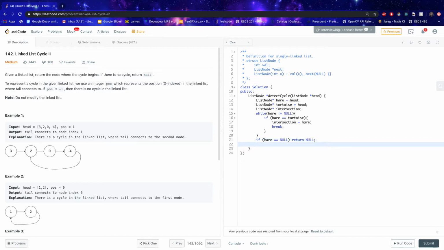Else, then we're going to start from the head again, and so we're going to start from the intersection and head. So while, oh, we never updated the hare, so hare gets hare next.